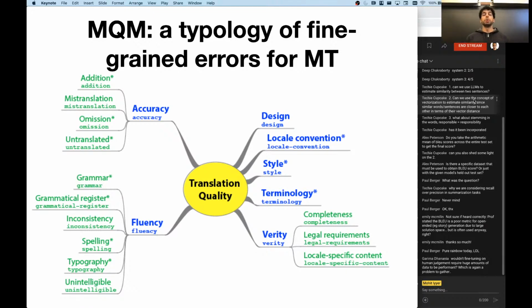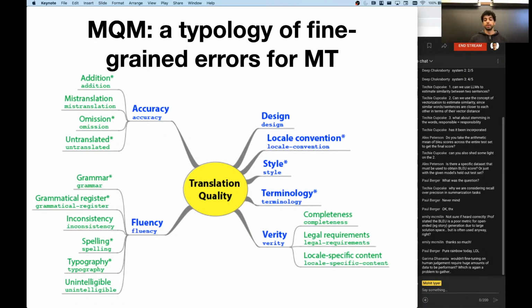It would be way more informative if your metric could tell you this translation candidate scored a 5 out of 100 because it had severe omissions, and this part of it was ungrammatical, and this part of it was added, but it didn't occur in the source text, right? If you could get way more fine-grained feedback, it would be useful.